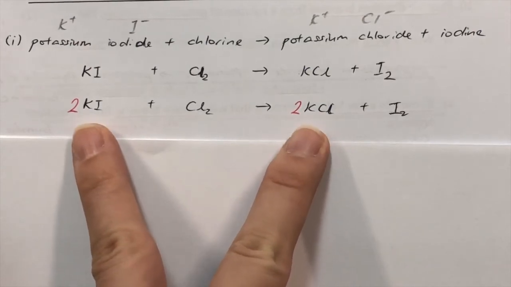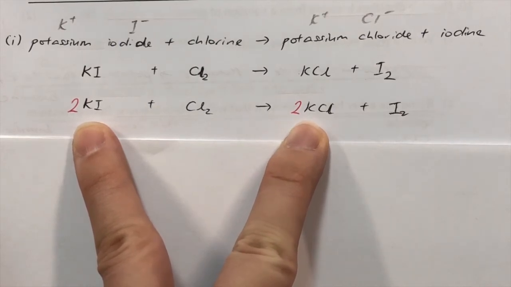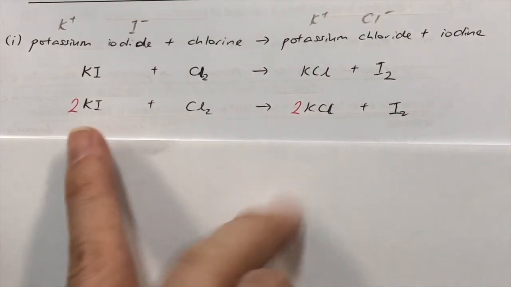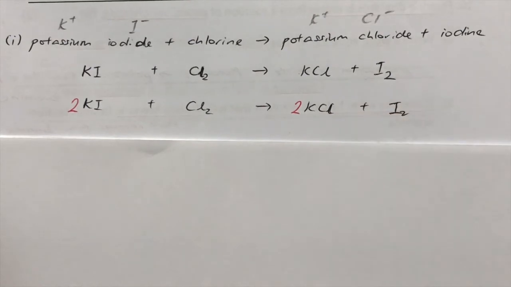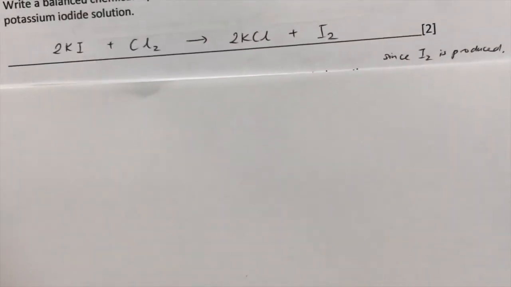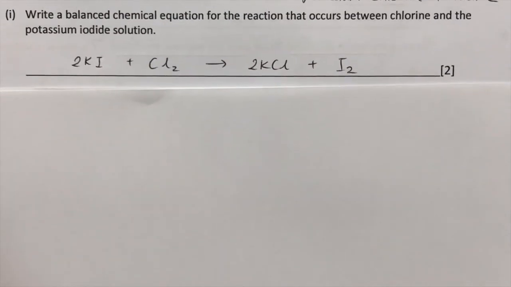And with this, you can check your equation once more and you will find that it is balanced. So this is the balanced chemical equation. So this is what we get.